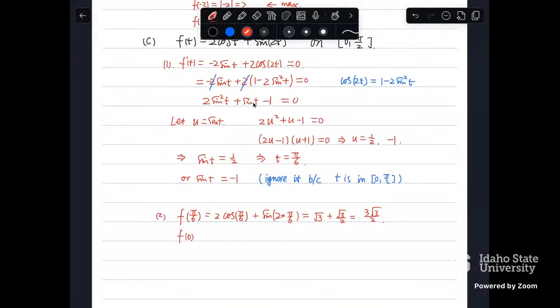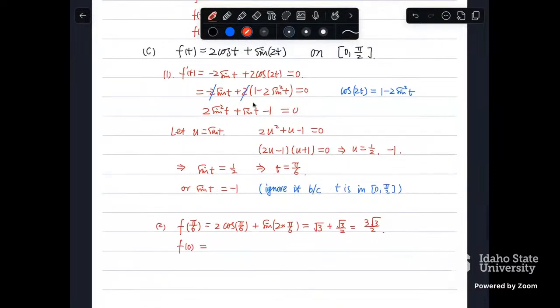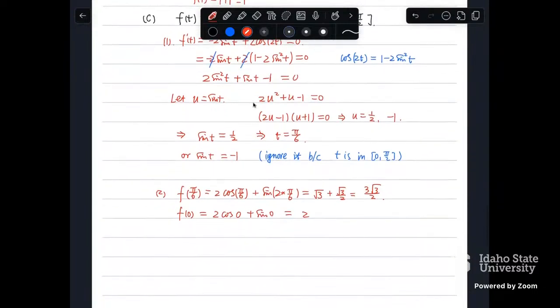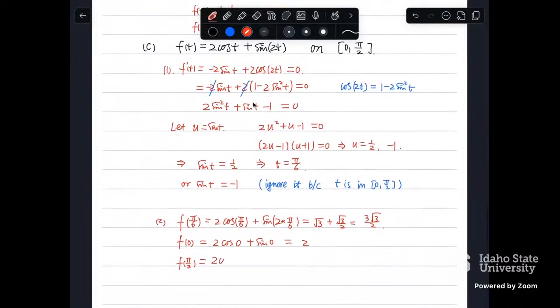What is f of 0? This is 2 times the cosine of 0 plus the sine of 0, which is 2. And f of pi/2 is given by 2 times the cosine of pi/2 plus the sine of pi/2 times 2, which is pi. So sine of pi is 0, and cosine of pi/2 is also 0.